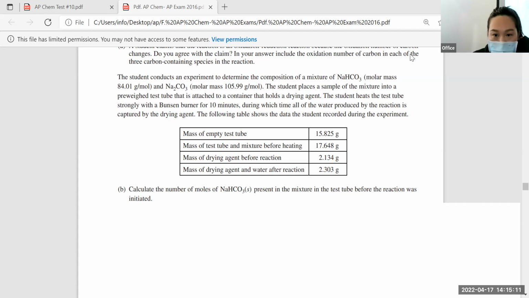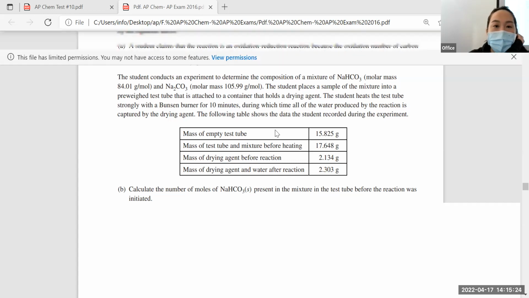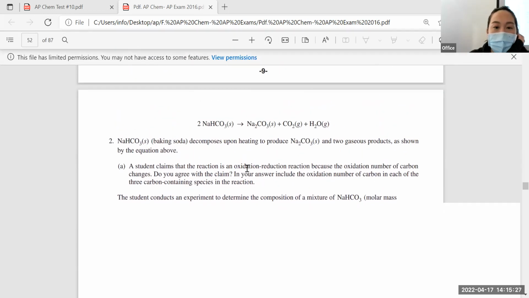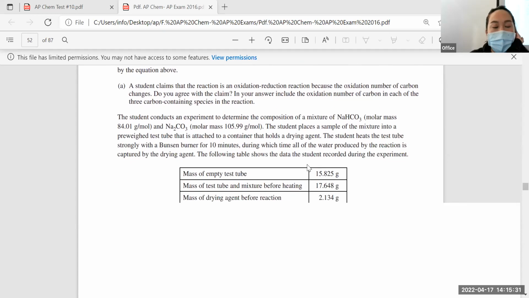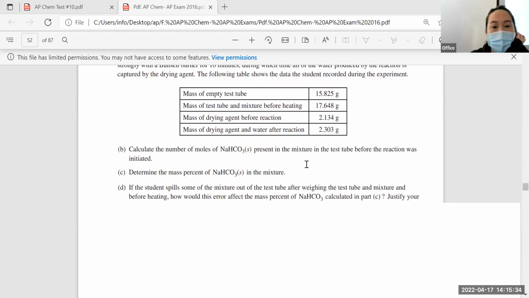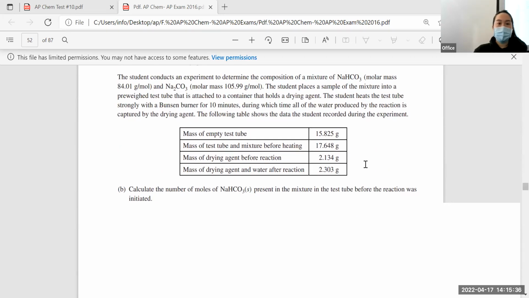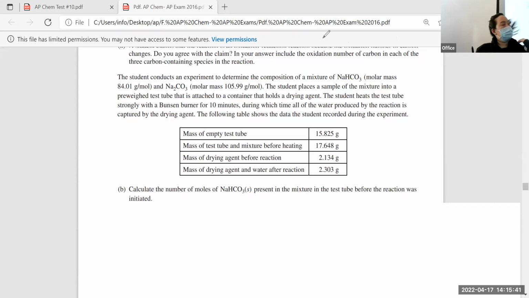We have a mixture of those two things. You put it into a test tube attached to a drying agent. They heat the test tube, during which time all the water produced is captured by the drying agent. So if you look at our reaction up here, the only thing we really need to know is how much water was produced, because that would tell me how much baking soda I would have.